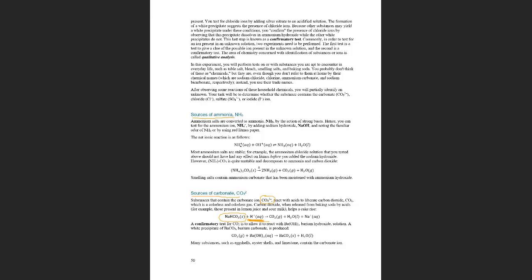Whoever bakes uses baking soda. So this bicarbonate is baking soda. When it reacts with the acid, let's say the lemon juice that we have in cake, it produces this CO2 gas to make the cake more spongy.